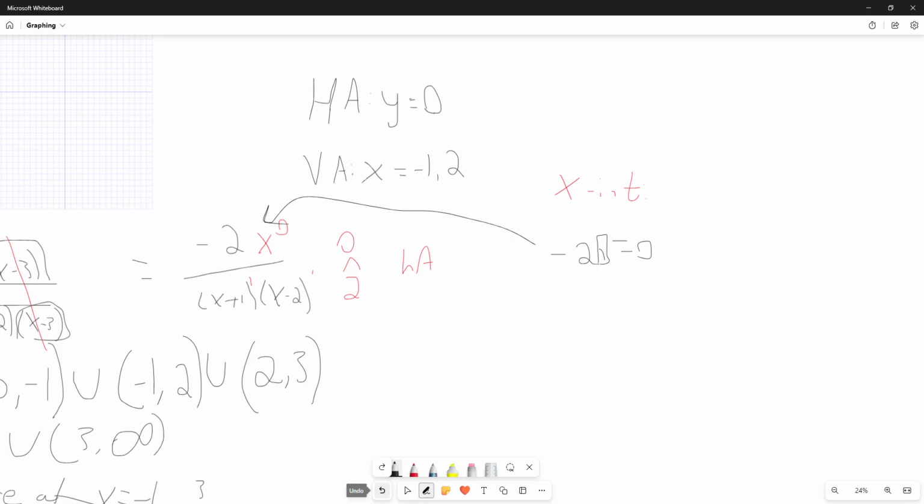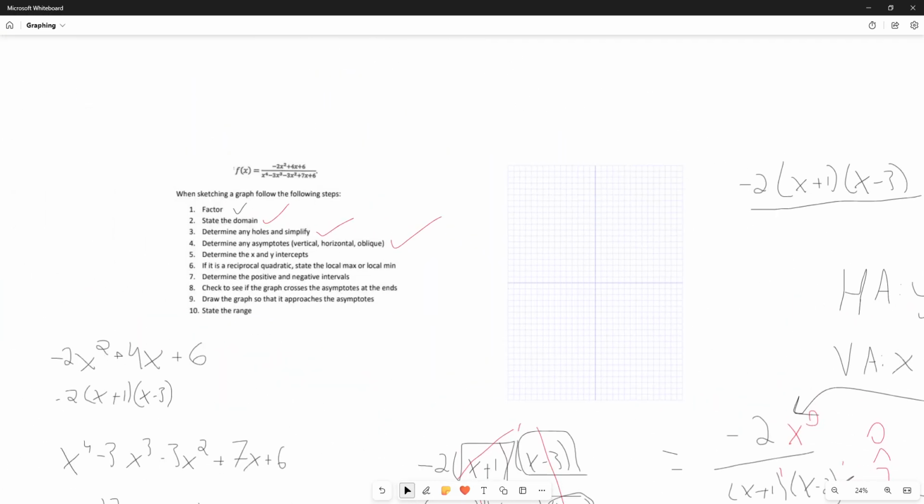So that means there is no x-intercept. We have none. Now the y-intercept is whenever x equals 0. When we plug in x equals 0 to this, we get 1. So we then have the y-intercept at y equals 1.